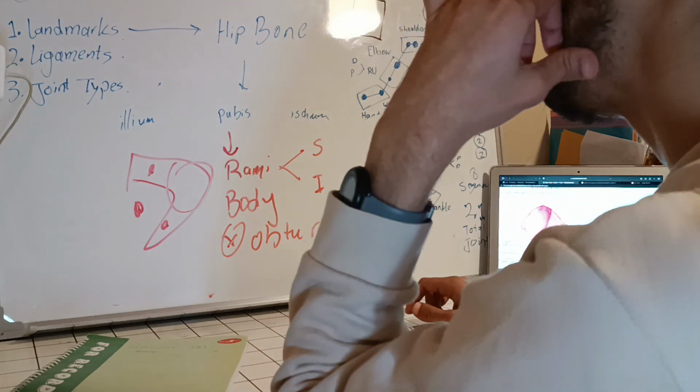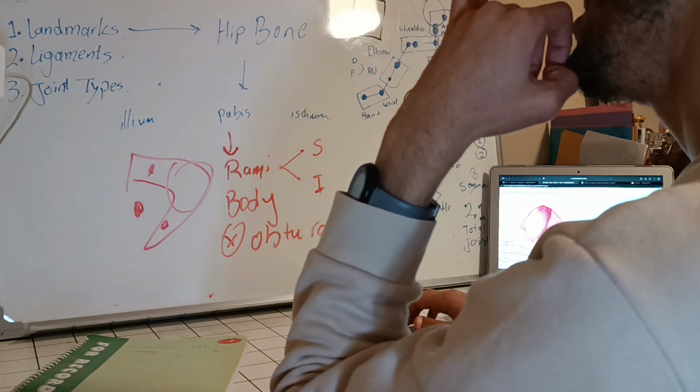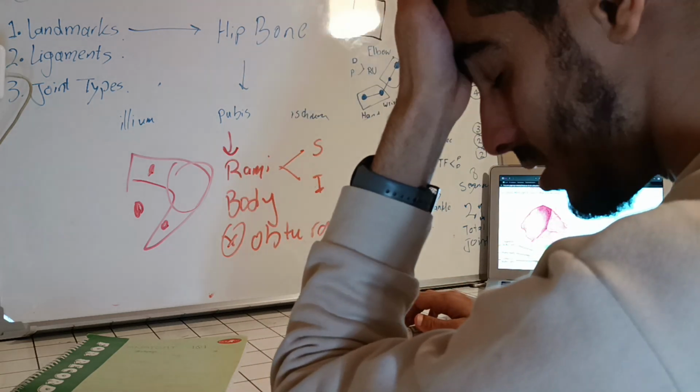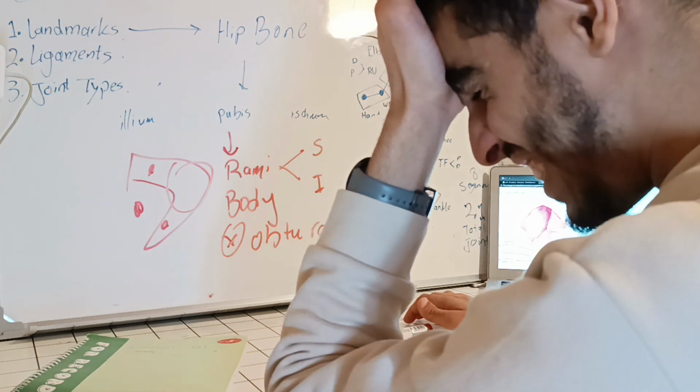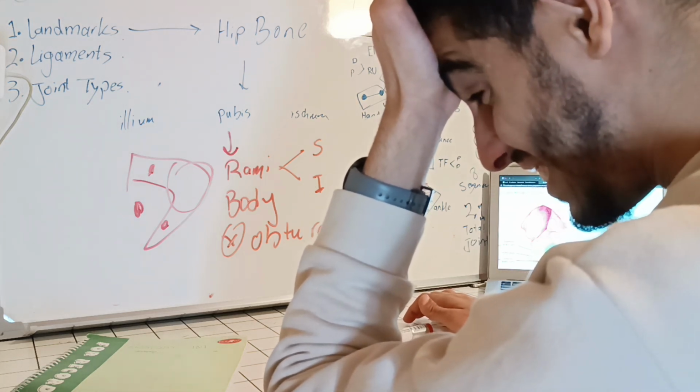So let's revise the proximal femur. We had the intertrochanteric crest and line.